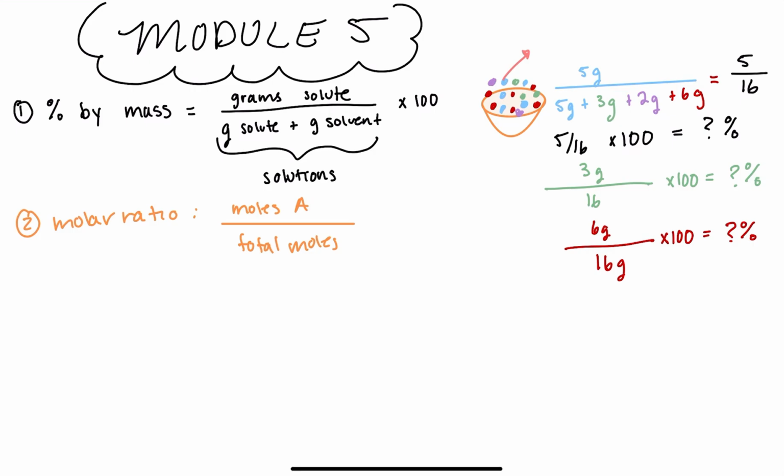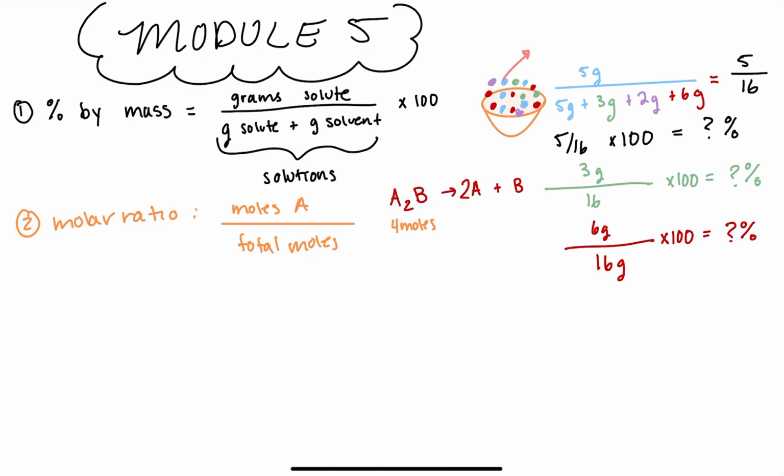So for instance, let's say I have A2B turns into A and B. You have to make sure this is balanced, so there should be a 2 in front of that A. If I have 4 moles of A2B, right, all of it's going to get converted into 2A and 1B.